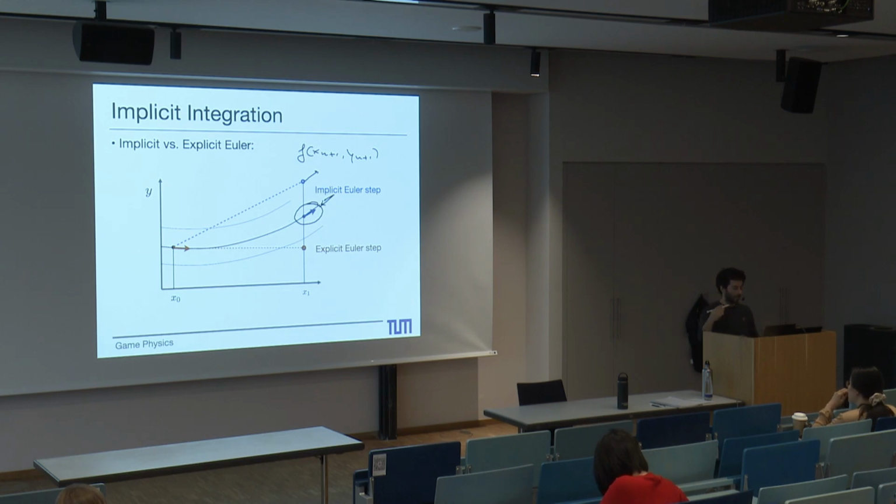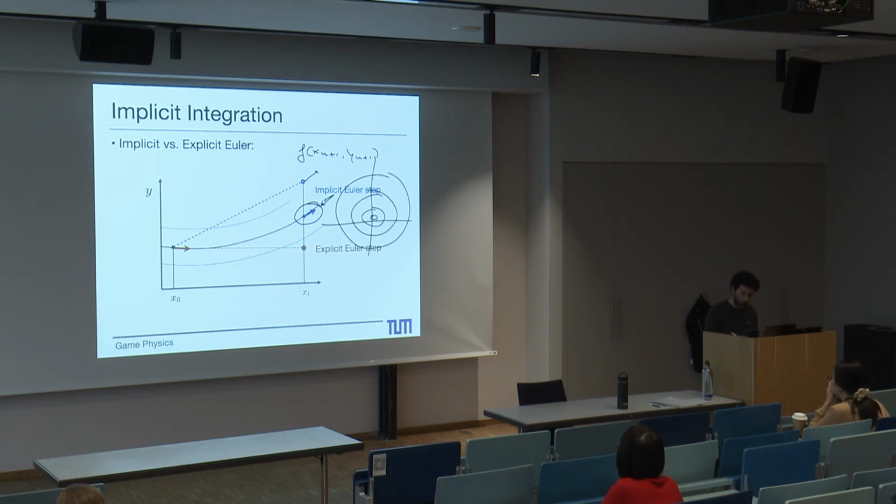So in the example that we had before, with all the different circles, if we are using explicit Euler, in red, we are diverging in this direction, whereas if we are using implicit Euler, we are going to converge to 0, essentially.